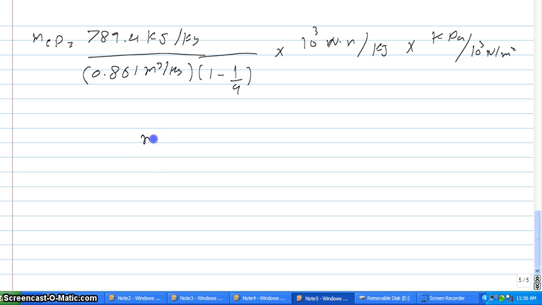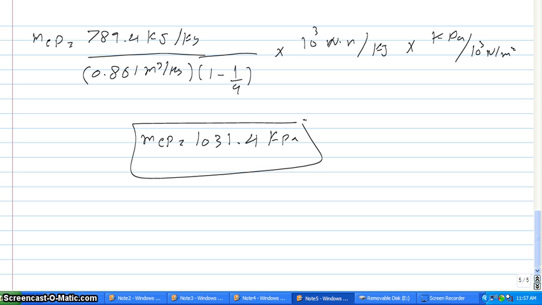We'll get MEP equal to 1031.4 kilopascal, and this is the answer for the mean effective pressure.